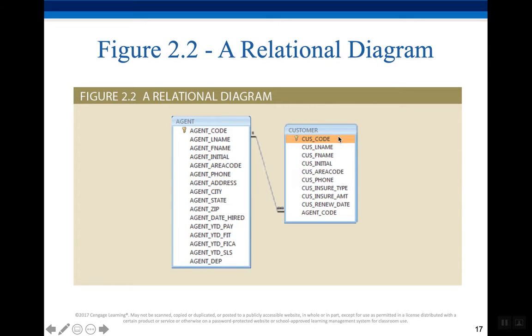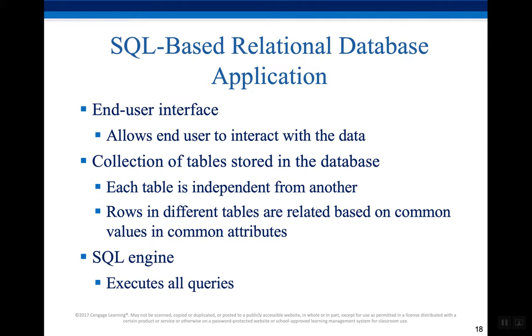For every customer, they will only have one agent. This is another example of the one to many. We'll see a lot of examples of it, because it becomes one of those fundamental pieces of databases and relational systems.